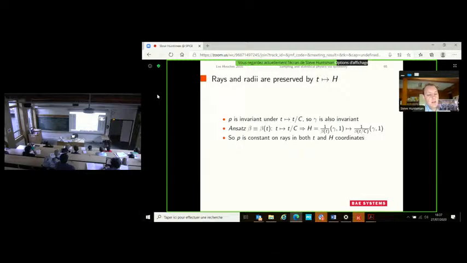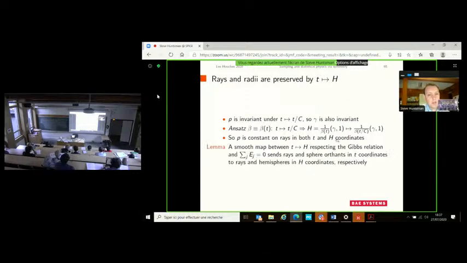In particular, the probability vector has to be constant on rays in both sets of coordinates. This is obvious for time. It's not so obvious for energy. The lemma that comes out of this is that if you have some smooth map that does what we're looking for, and it satisfies Gibbs and this convenient side condition that doesn't have physical implications, then it sends pieces of spheres to pieces of spheres.